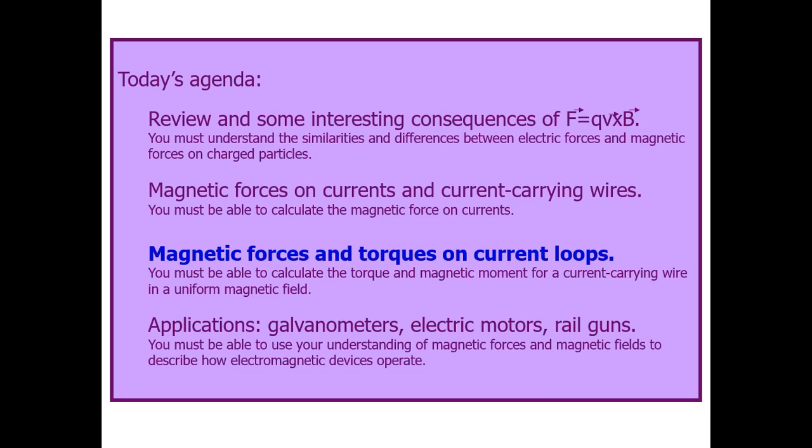You must be able to calculate the torque and the magnetic moment for current-carrying wires in a uniform magnetic field. Okay, so see here, first of all, what are the applications of that? The galvanometers, electric motors, rail guns.